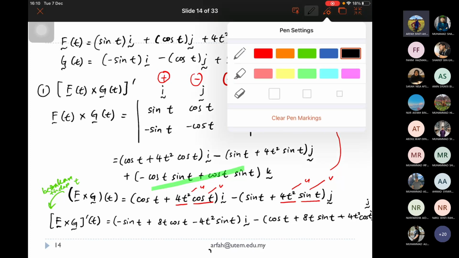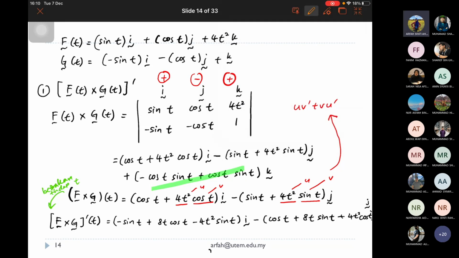Sekejap, jawapan Faris betul sebenarnya. J tu dah tolak, so awak ambil U sama dengan 4t squared, U prime sama dengan 8t. V sama dengan sin t, V prime akan sama dengan cos t.